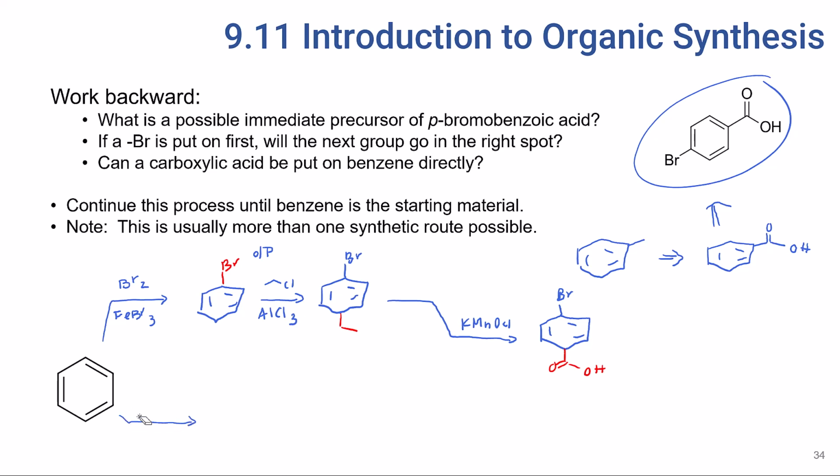So let's put the ethyl group on first. This CH2CH3 group is also an ortho-para director, so I can put my next group on. And then I can just do the oxidation to get the correct product.